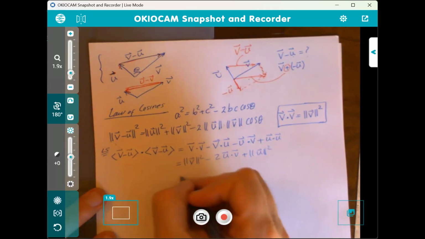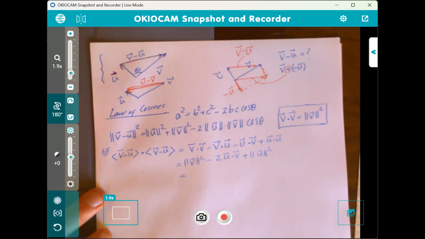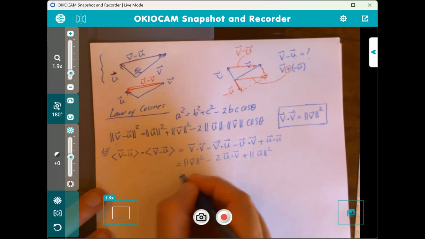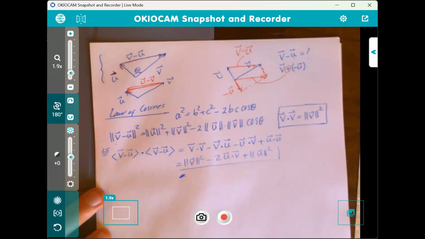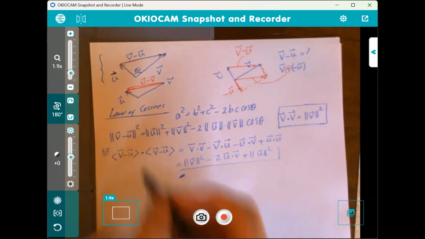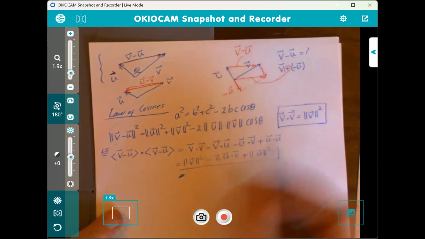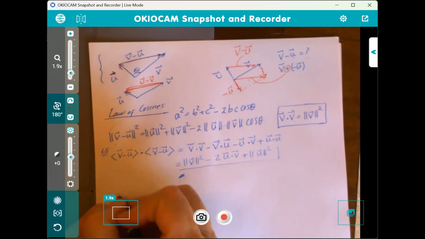Okay, now we have that one. Now we're going to equate the left side and the right side. Remember, this is the left side and this is the right. So on the left, we have the magnitude of v squared.